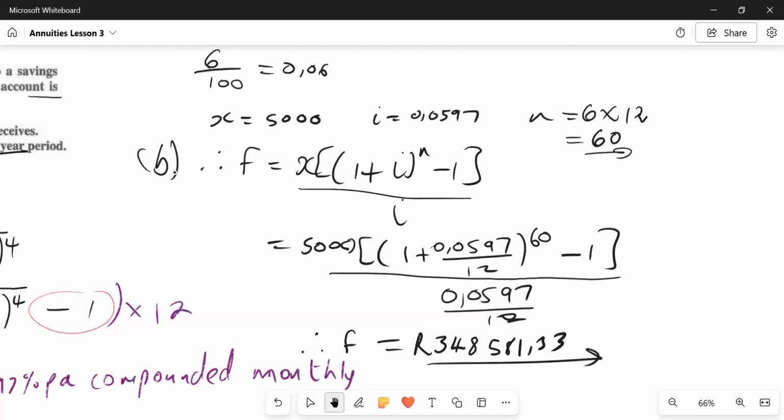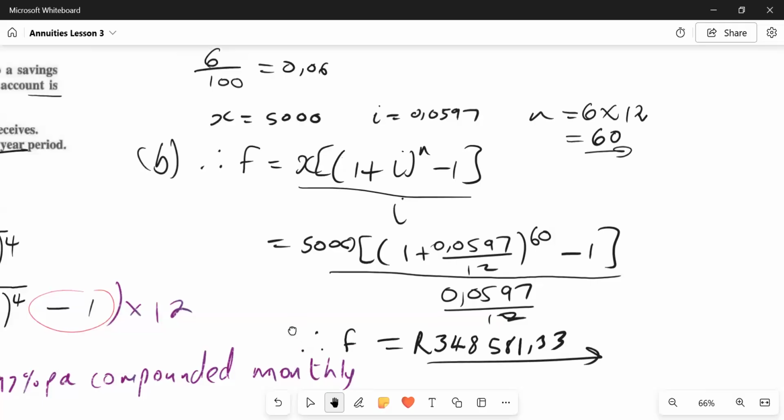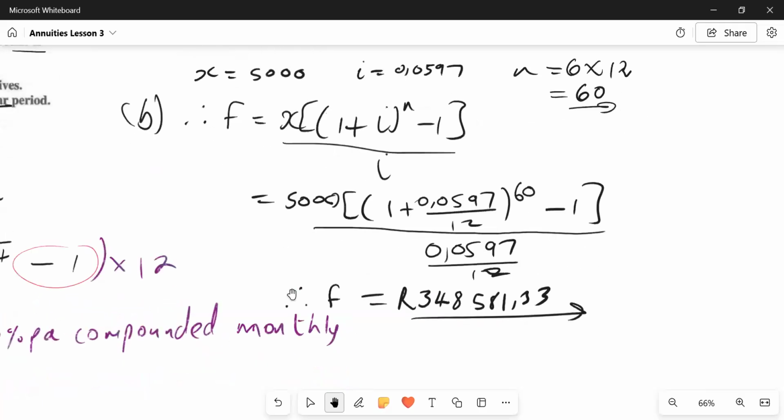Right? And then, so it's important for you guys to conclude when it comes to financial maths.